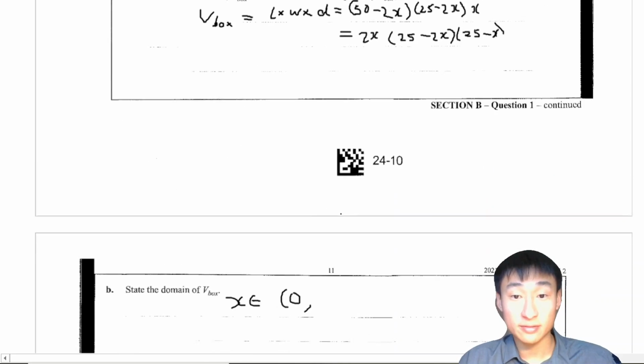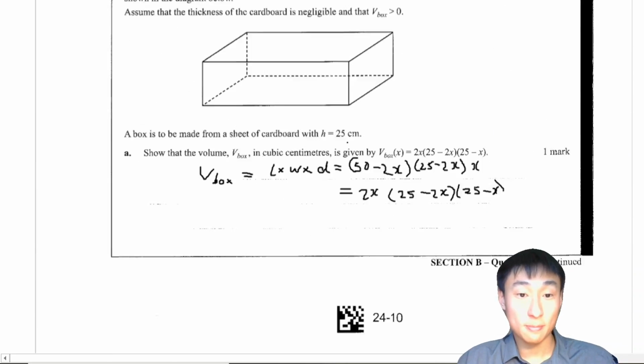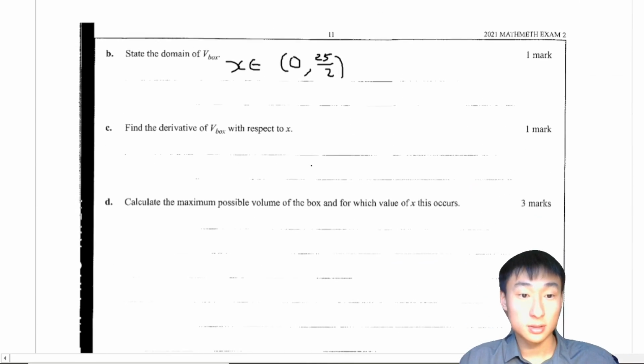So x is an element of (0, 25 over 2), not including 0, because it has to have height. Great.